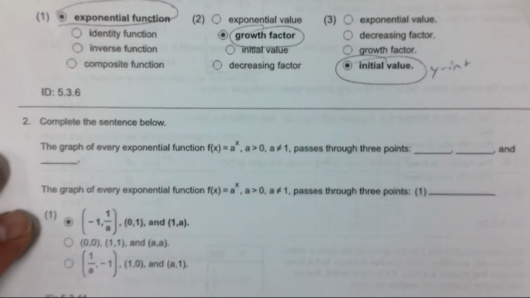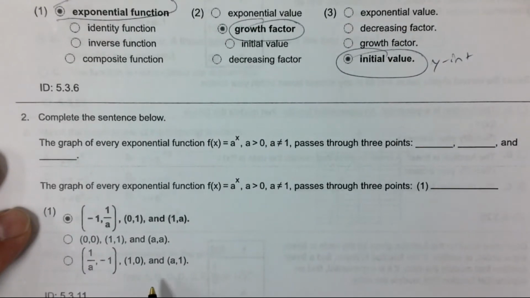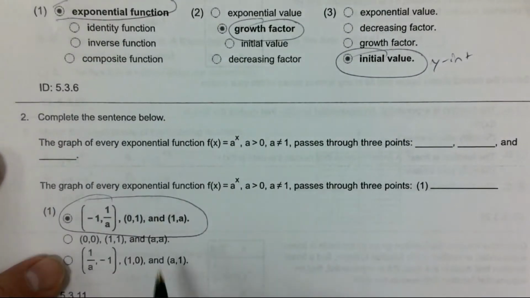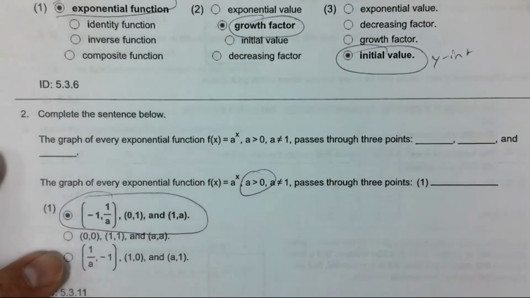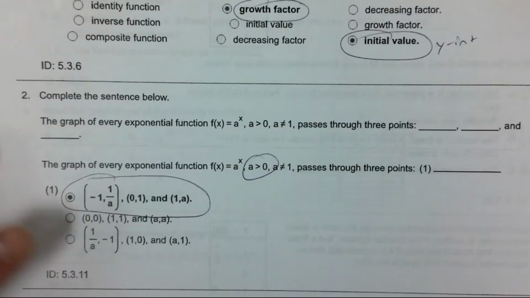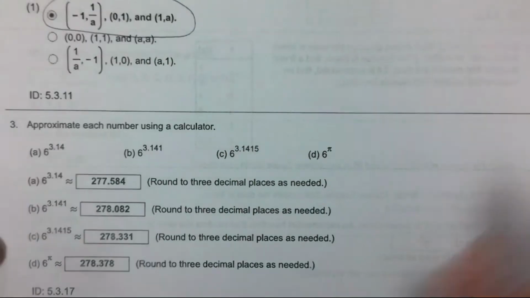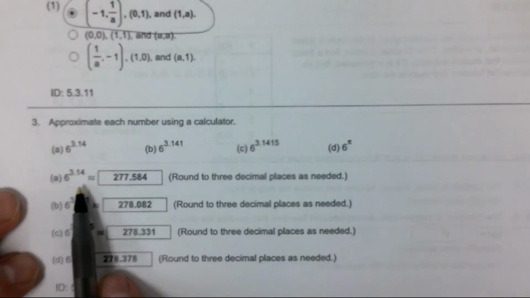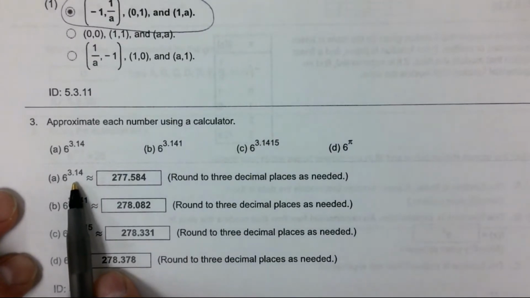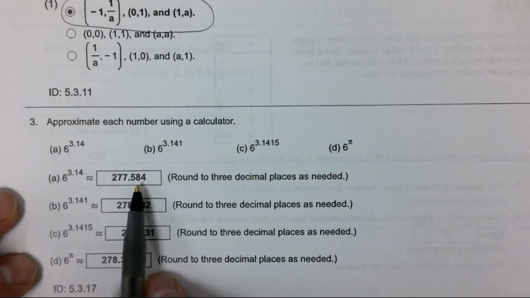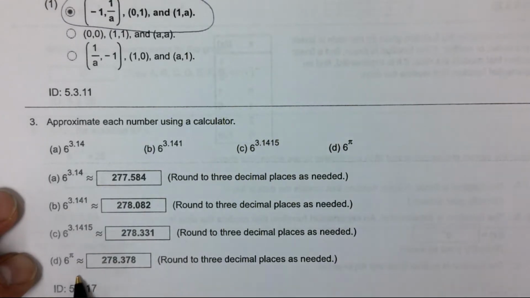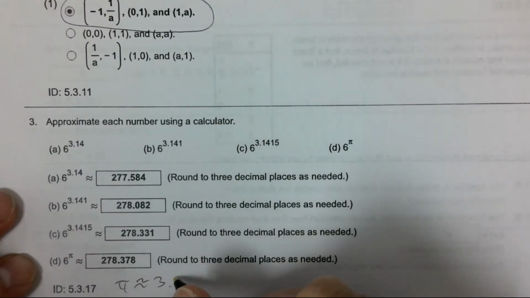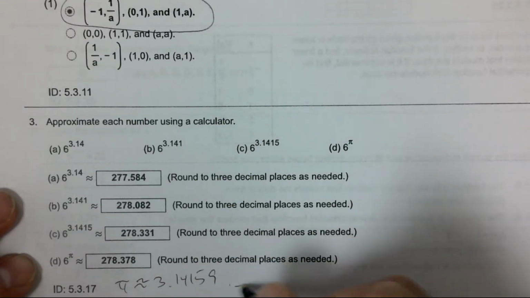Now on this one, it goes through these 3 points if a is greater than 0. Now on this one, it's just a calculator type question. What you're supposed to do is raise it to the power and round to 3 decimal places, and they're getting closer and closer to pi, which is approximately 3.14159, and so forth.